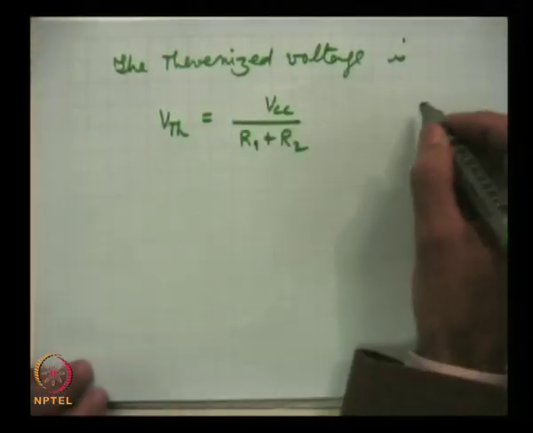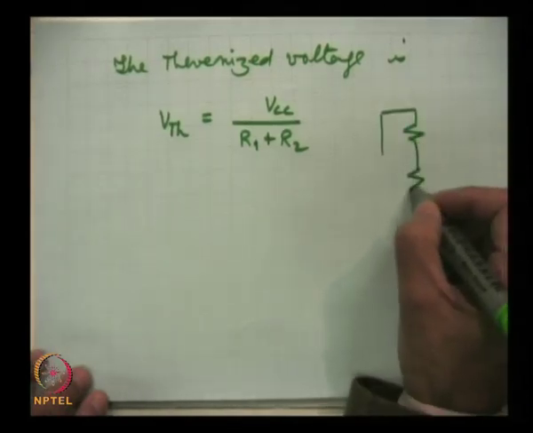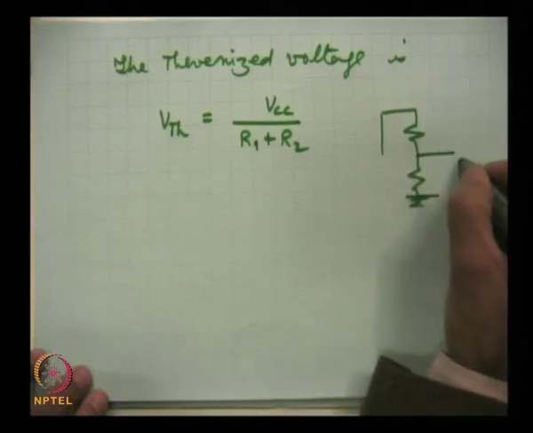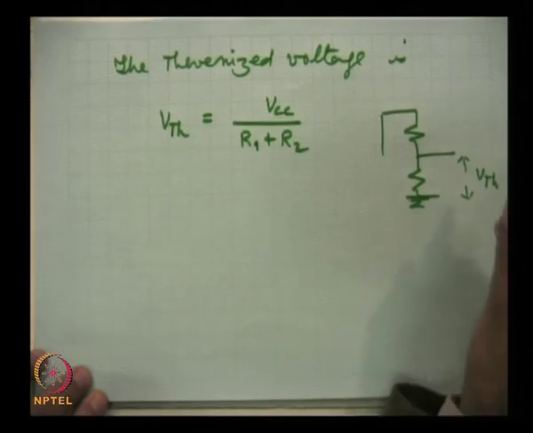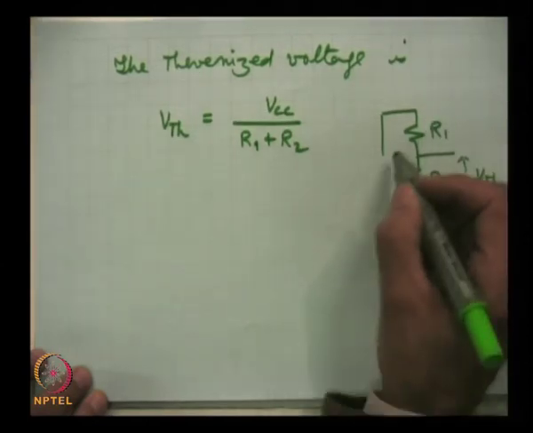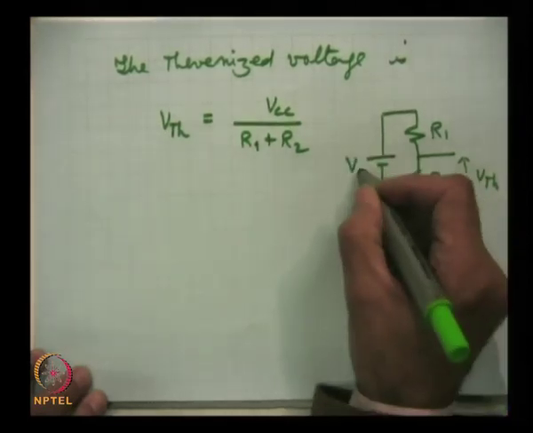We are discussing this circuit: this is R1, R2, and this is the battery VCC.